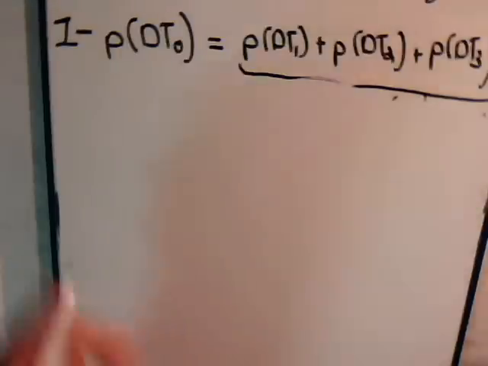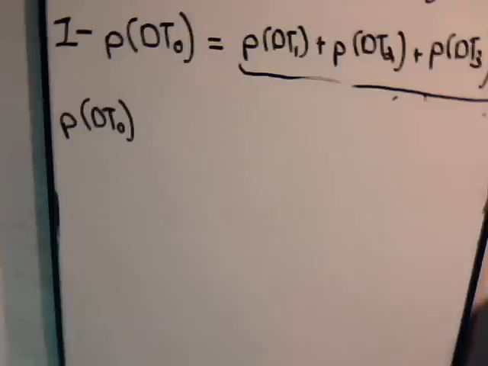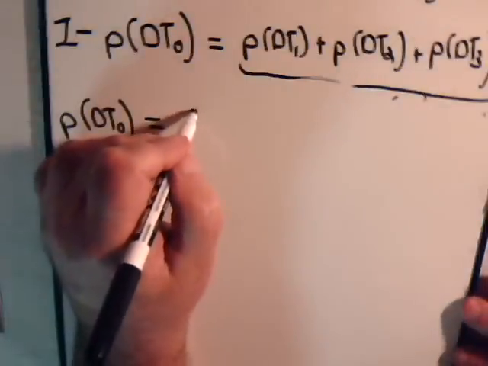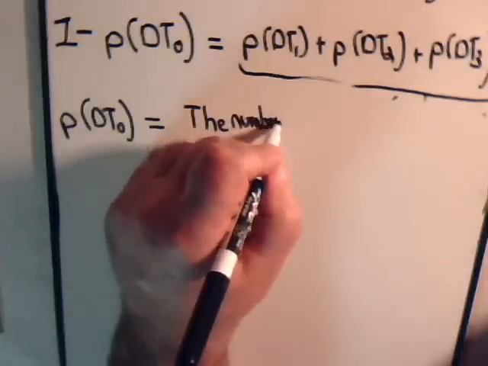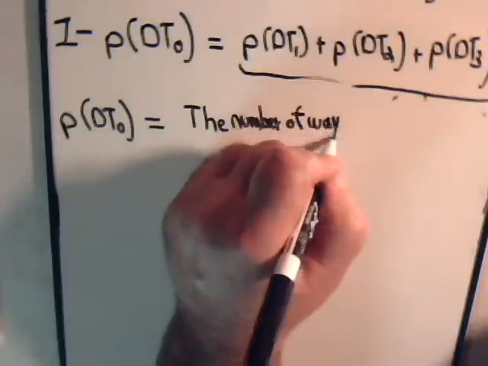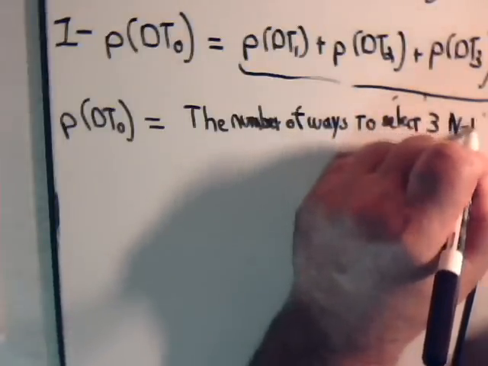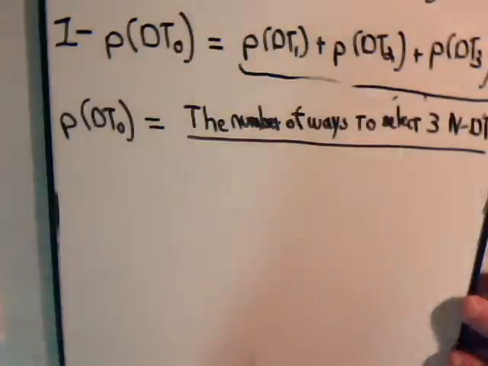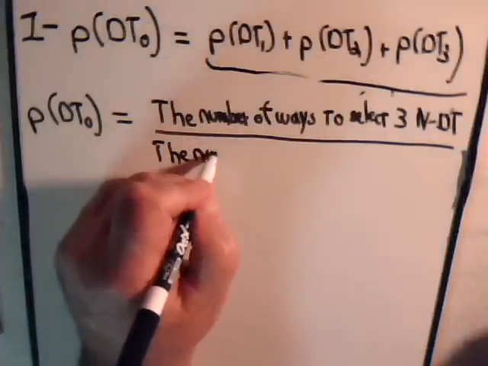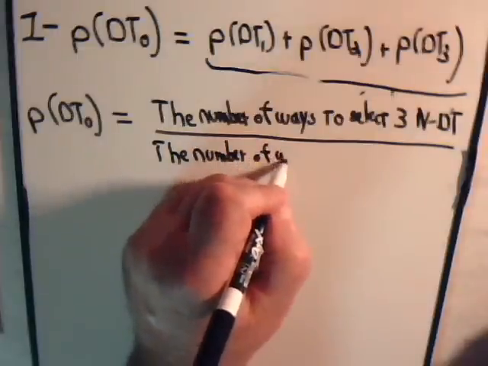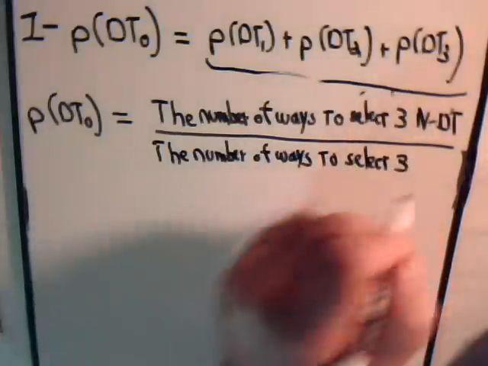The probability of selecting zero defective transistors would be equal to the number of ways that we can select 3 non-defective transistors, divided by the total number of ways to select 3 transistors.